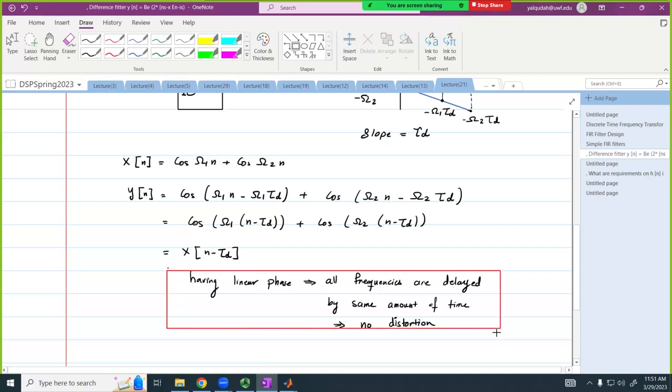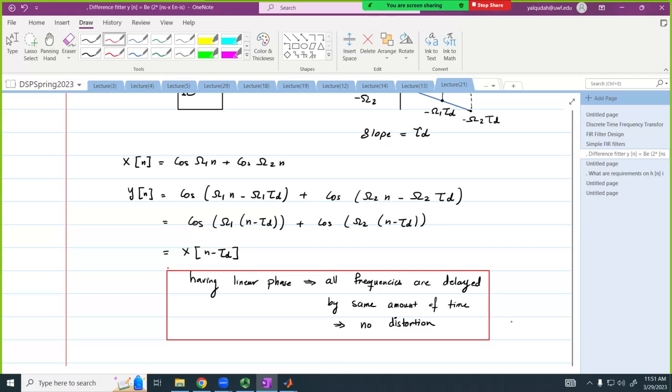Okay, now keep in mind, if I were to write this, this phase is different than this phase, isn't it? So they do not have the same phase. But if I took the frequency as a common factor, then I should have the same tau delay. Make sense?